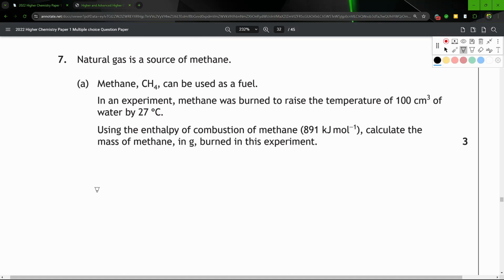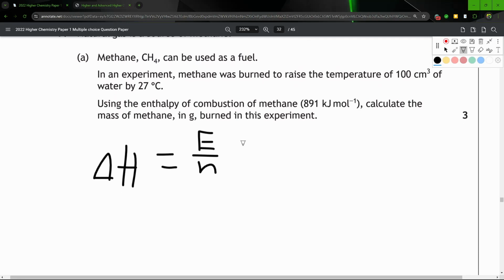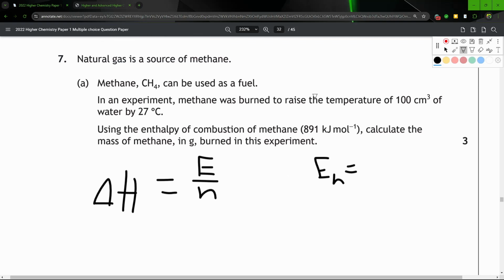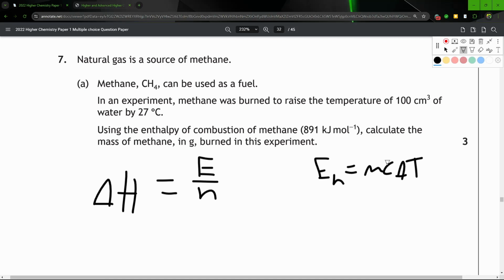enthalpy of combustion. So enthalpy of combustion, remember, is the enthalpy change, and it's going to be energy over number of moles. We don't know energy yet, but we can figure it out because it says it's raising the temperature of 100 cubic centimeters of water by 27 degrees Celsius. So remember the heat energy equation.